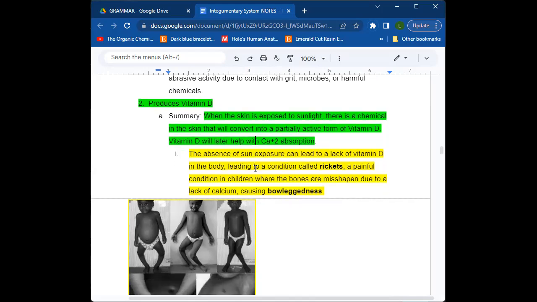Right, that's why we care so much about the vitamin D. And then of course that's going to affect the bone health.